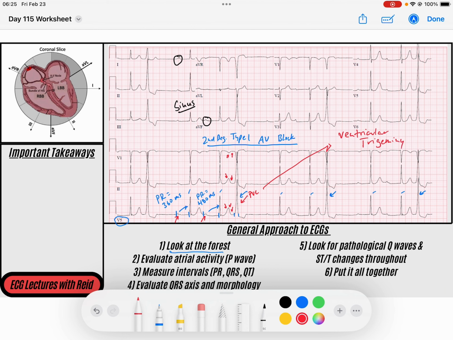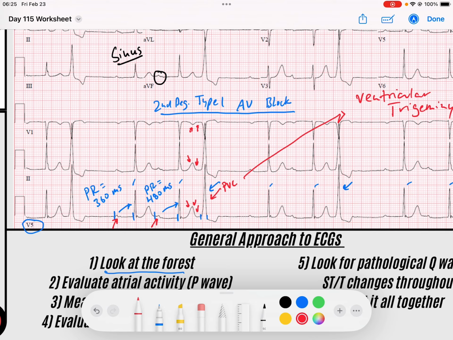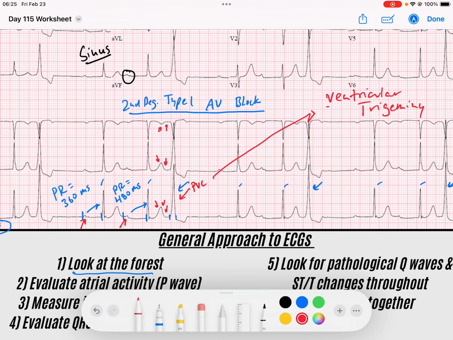What we're actually seeing is the physiology of a second degree type 1 AV block, where the PR interval is being lengthened and lengthened, but we're not able to see when the P wave drops because of this ventricular trigeminy. So we would say that we have second degree type 1 AV block physiology terminated with PVCs in a pattern of trigeminy.